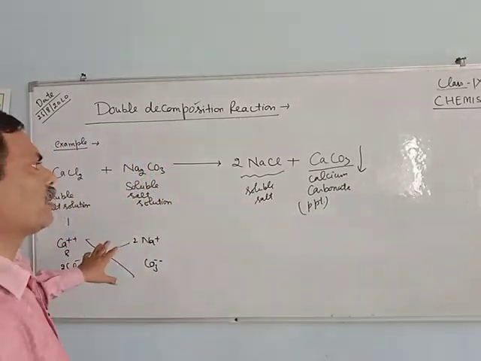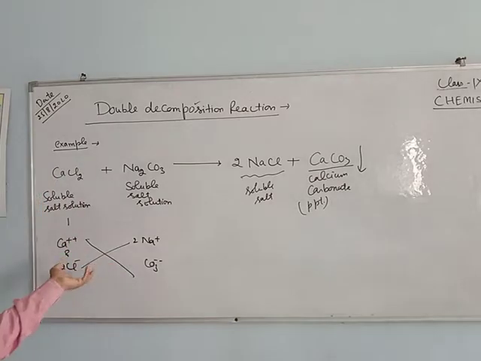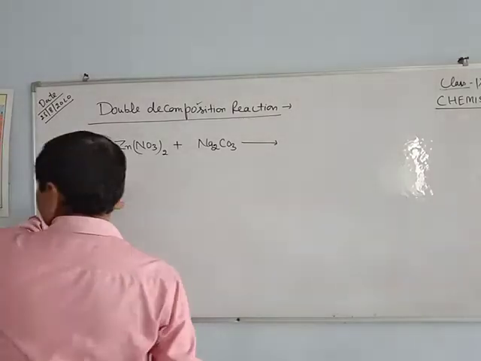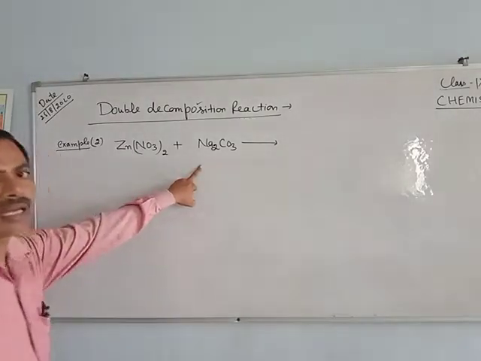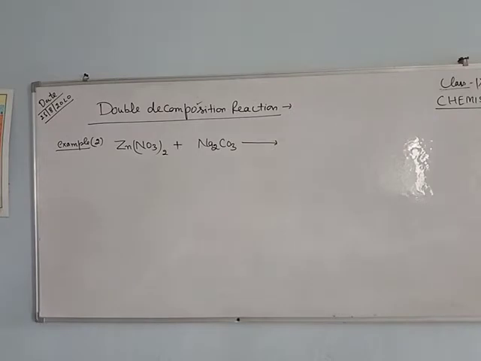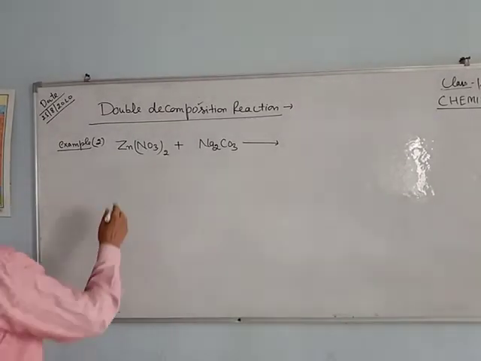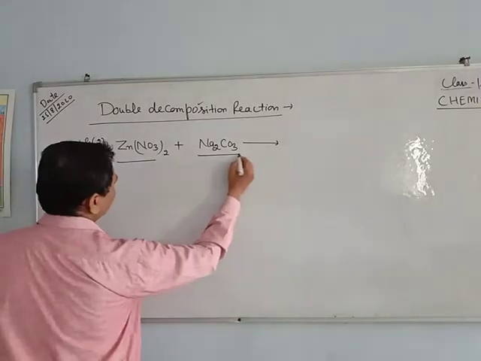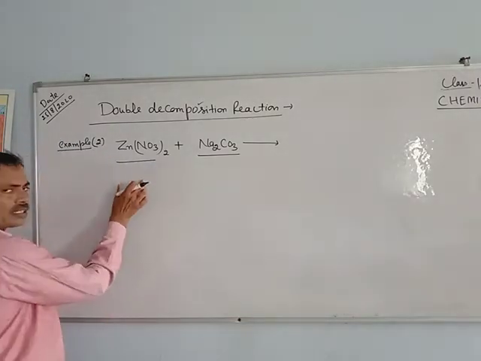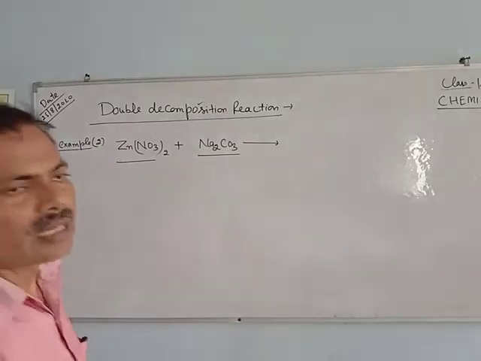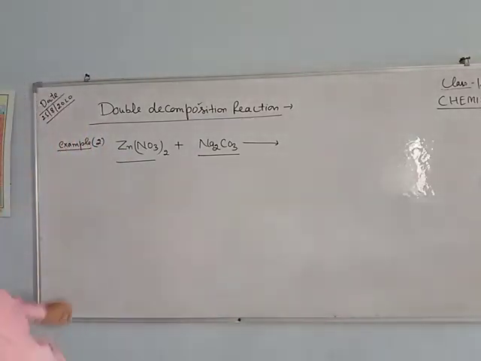This is the first example. Now the next example is zinc nitrate reacting with sodium carbonate. It is water soluble, in the solution state. Both reactants are in the solution state. What will happen?